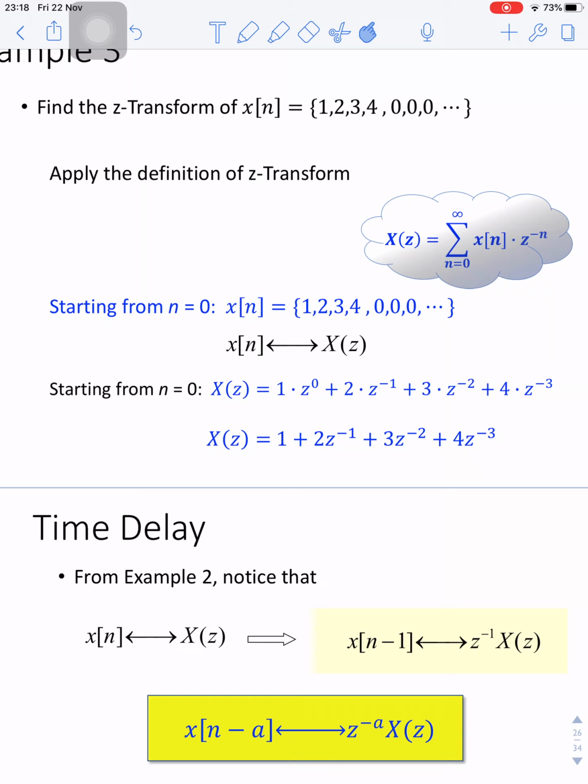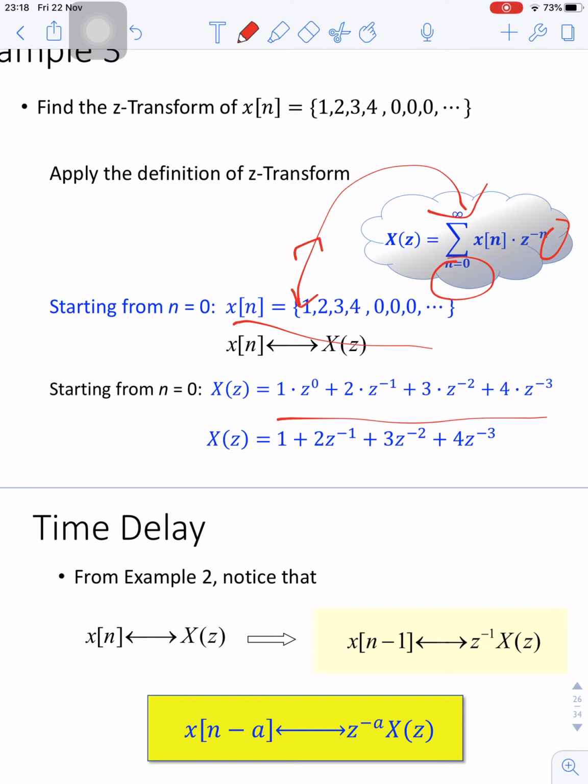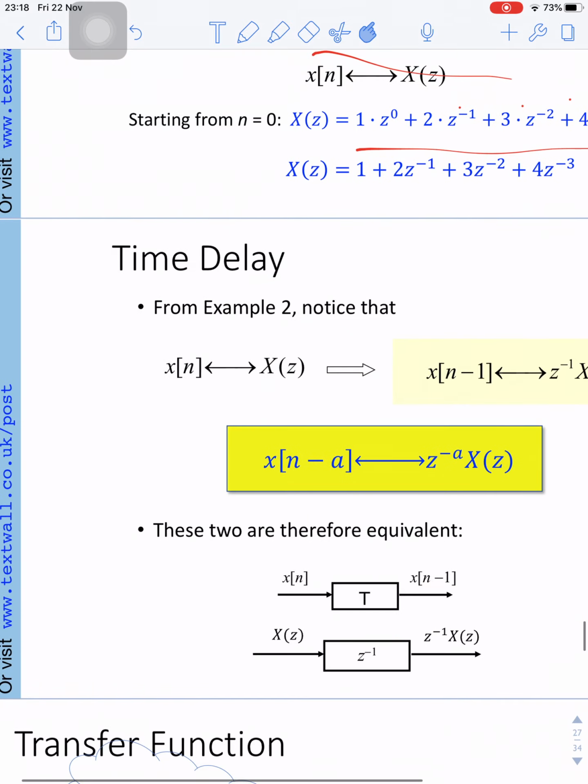Let's just substitute x[n] into this summation. It is worth noticing that n always starts at 0, so the first value corresponds to n equals 0. Therefore, it's 1 times z to the power 0, plus 2 times z to the power minus 1, and 3 times z to the power minus 2, and so forth. That is basically the correspondence.